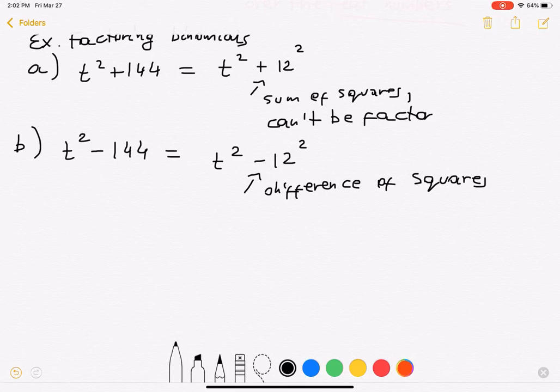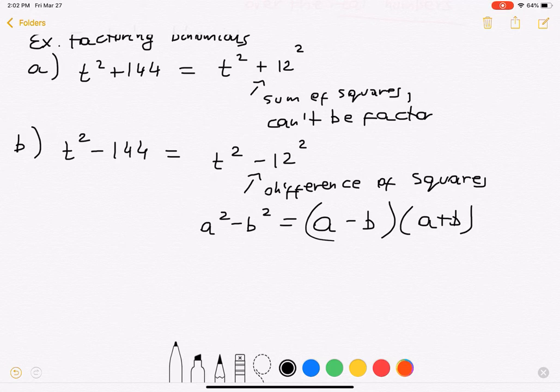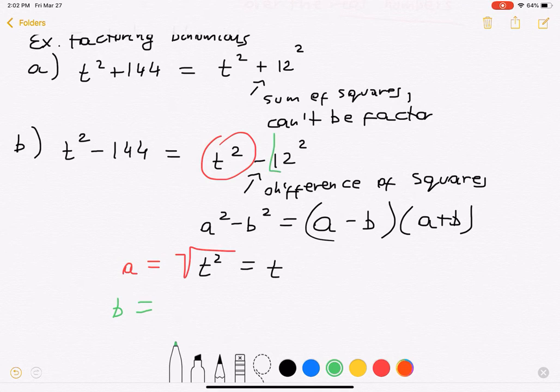And we learned that formula: a squared minus b squared, difference of squares, is the same as a minus b times a plus b. In our case, a is the square root of your first expression, which is just t, and to figure out what b is, take the square root of 12 squared, which is 144, and you're of course getting 12.